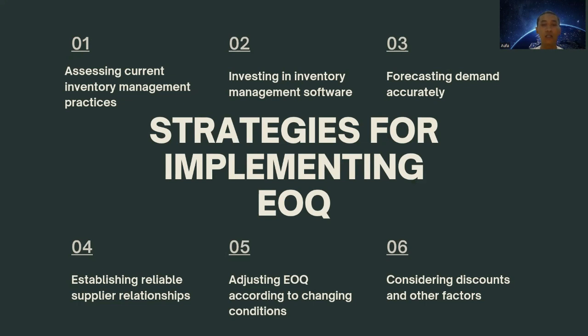It utilizes advanced inventory management software to automate the EOQ calculation process and streamline inventory control. Next, forecasting demand accurately. Use historical data, market trends, and customer feedback to estimate the demand rate for each product.